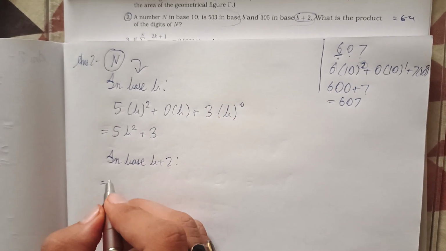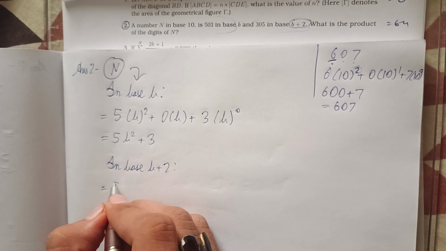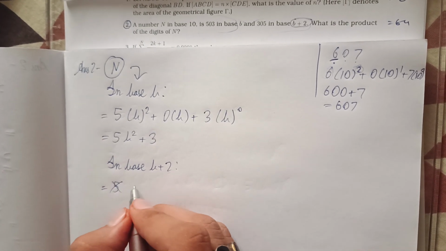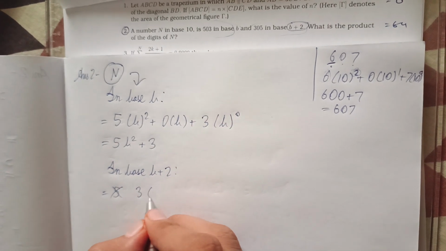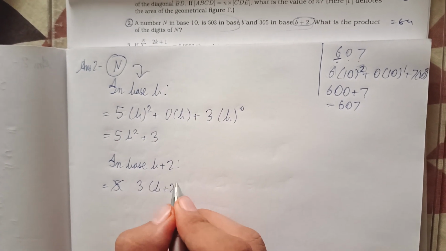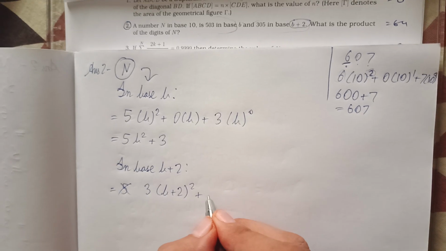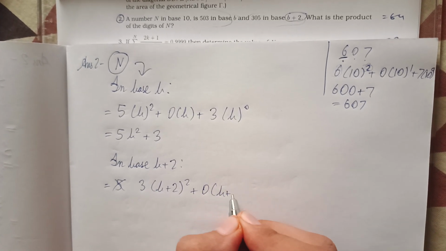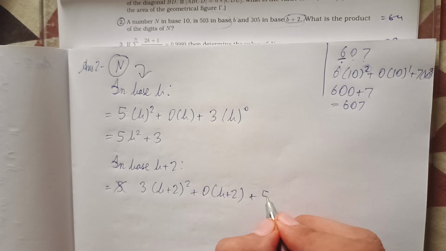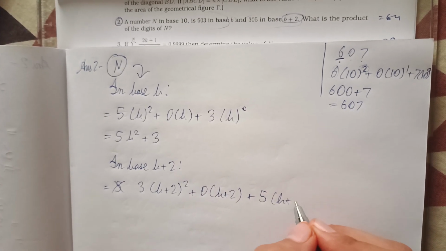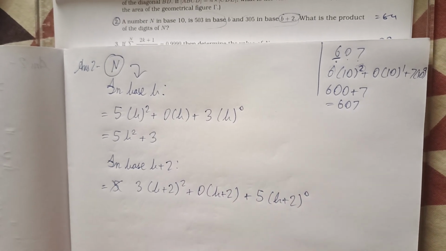That's something to be careful of. So we're going to write it as 3, not 5, it's 305. Therefore we're going to multiply 3 with b plus 2 whole square plus 0 into b plus 2, although this is going to be 0, plus 5 into b plus 2 raised to power 0.